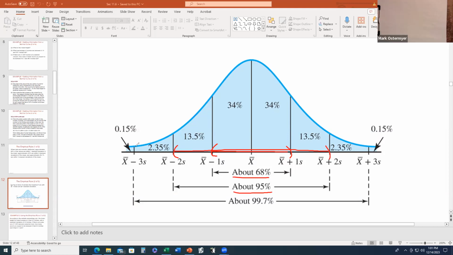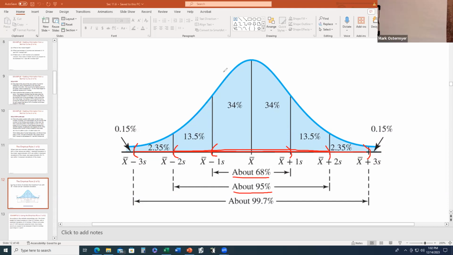By the time you venture three standard deviations either side of your mean, from X bar minus three standard deviations all the way up to X bar plus three standard deviations, the empirical rule guarantees that about 99.7% of your observations will lie between those two endpoints of that very wide interval. So this is the empirical rule.